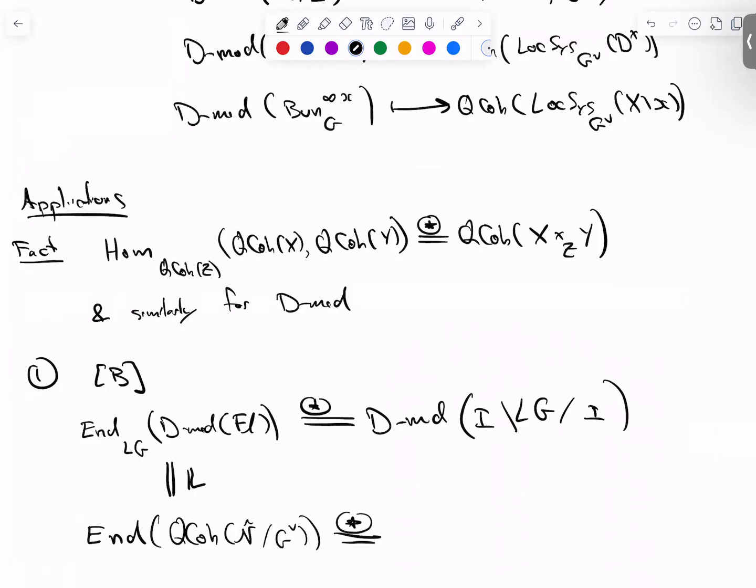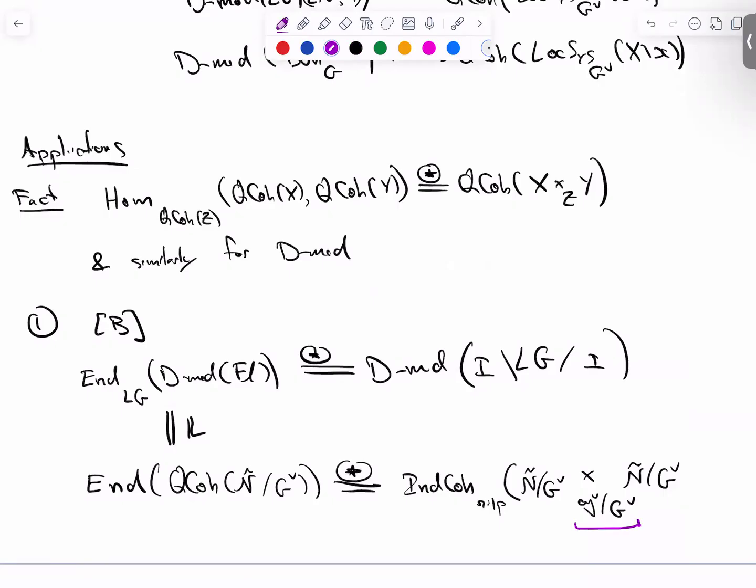Then again, our fact says it's not going to be quasi-coherent exactly, it'll be something slightly technical, but the same as what you expect: G check cross n tilde mod G check over G check mod. And everywhere, you can just think that this replaces local systems on the punctured disk. Okay.